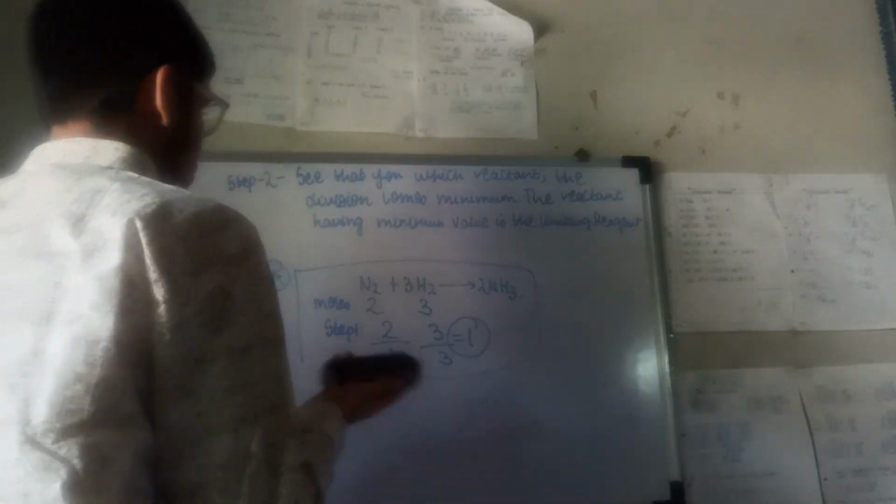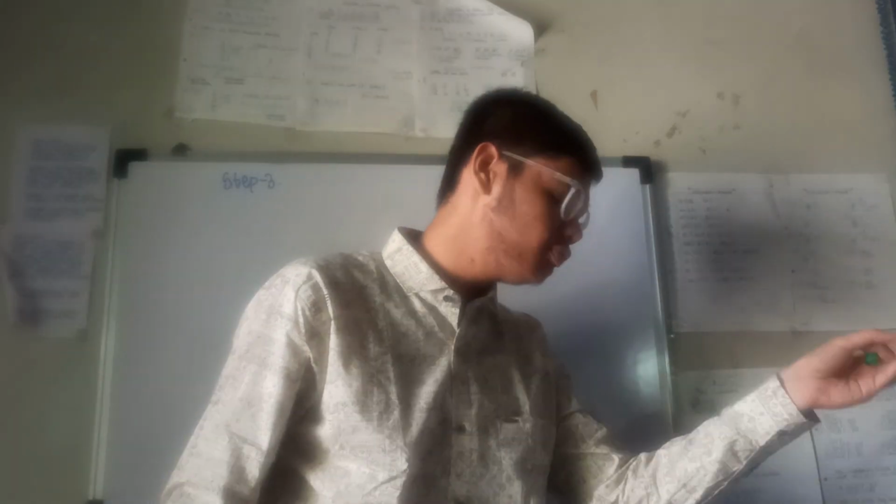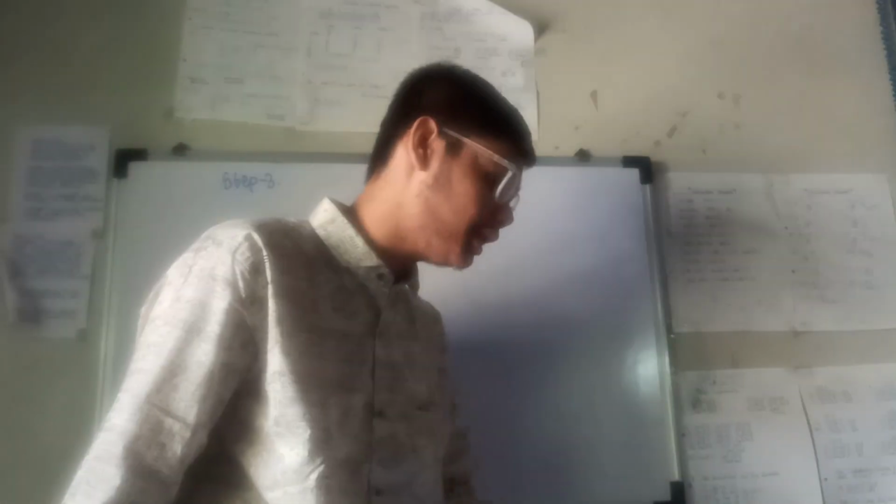Now let's go on to step 3, which is a simple calculating step. Main aim was finding the limiting reagent, and the rest is all simple. Step 3. What it says, now we found the limiting reagent, then our focus should be on the limiting reagent to find the amount of product.